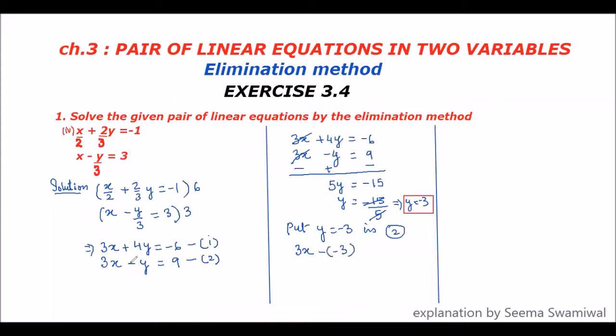This minus is the minus in the equation, and this -3 is the value of y, which is equal to 9. And therefore, 3x is equal to 6, which will give x is equal to 6 upon 3. Cancel it, you will get x is equal to 2. Therefore, the answer is the value of x is 2 and the value of y is -3.